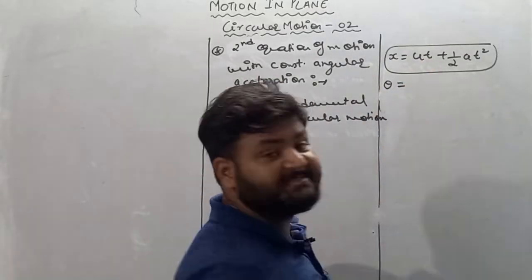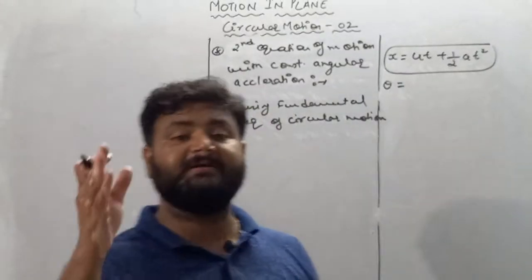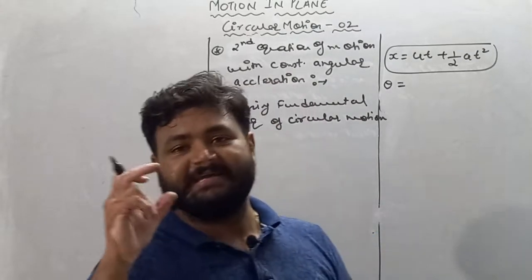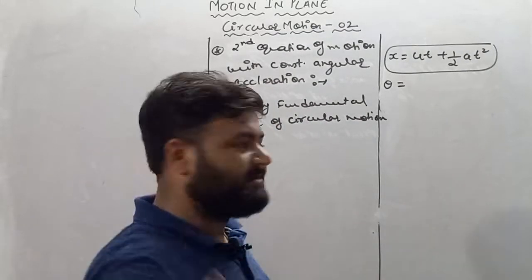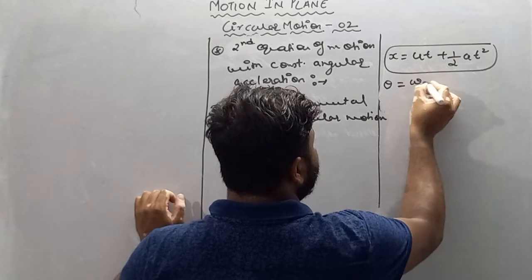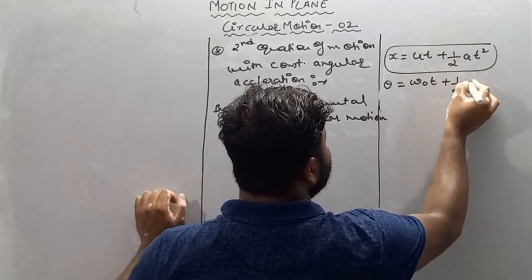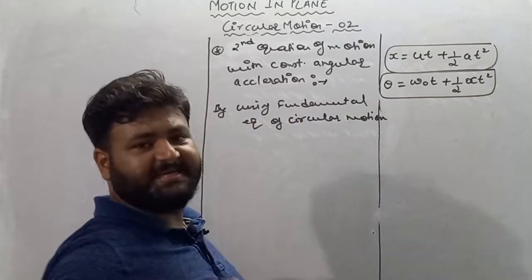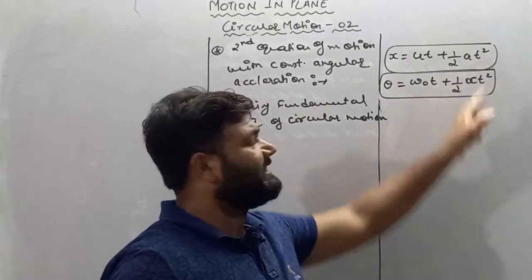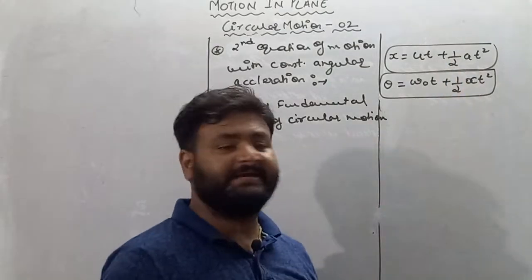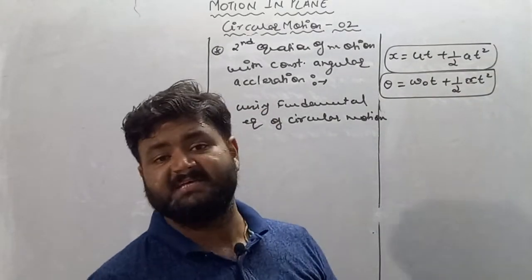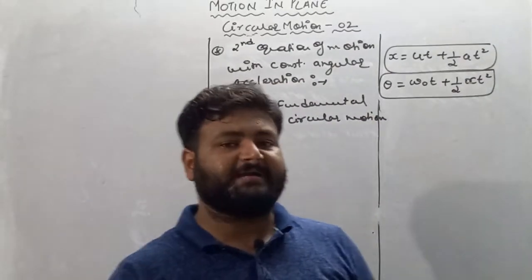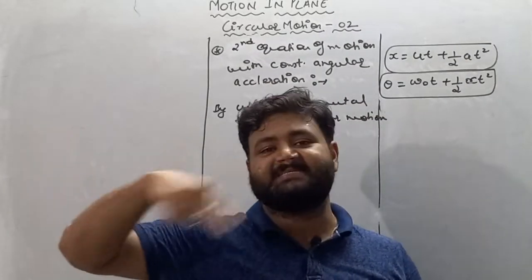Instead of u, my dear students, initial velocity, we'll use initial angular velocity, that is omega naught into t plus half alpha t square. Why alpha? Because we are in circular motion. This acceleration is linear, but alpha is used because alpha is angular acceleration, which is achieved by a particle when the particle is in circular motion.